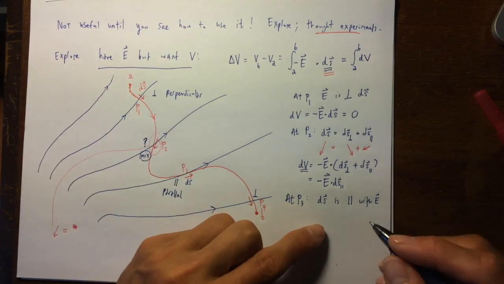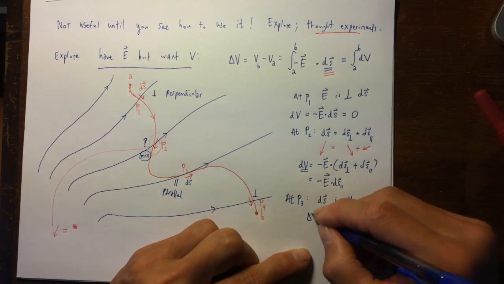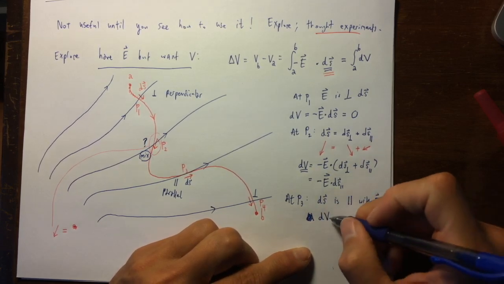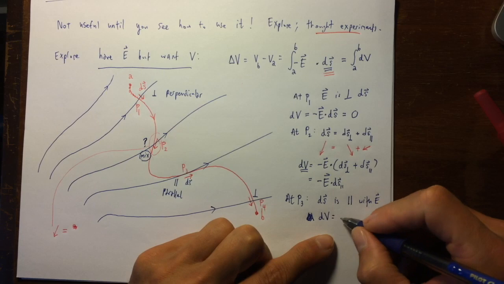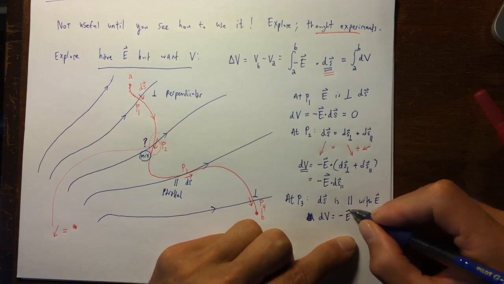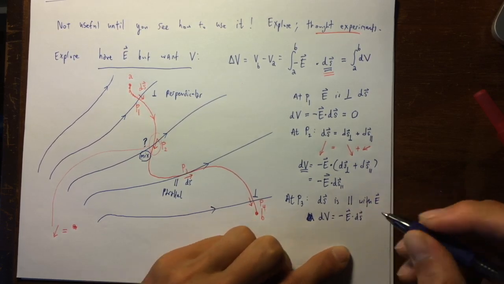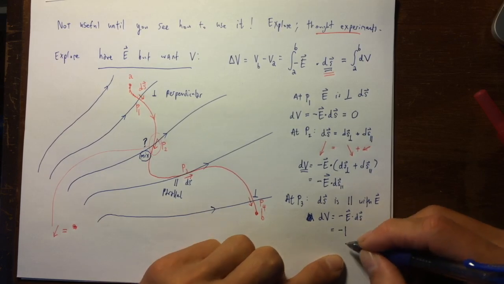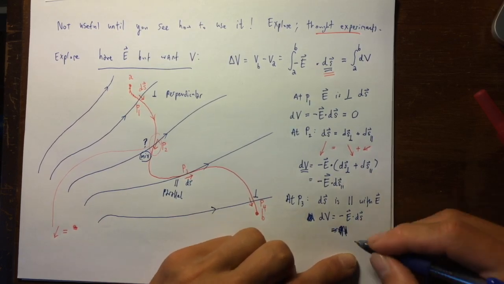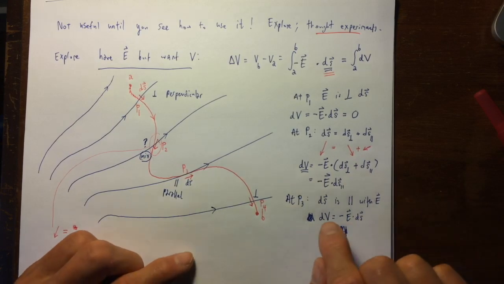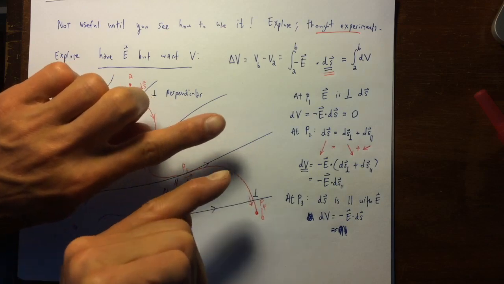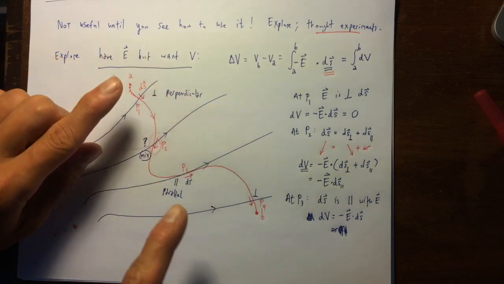So ds is parallel with E, so the small contribution to the potential change equals minus E dot ds. Since E is in the same direction as ds, the dot product is a positive number, right?